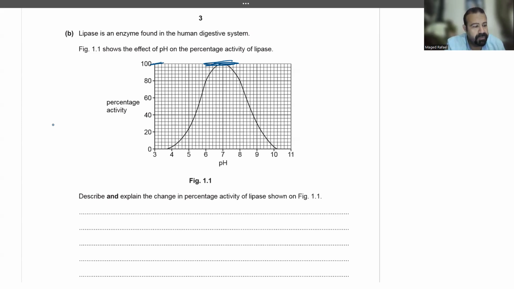However, she can talk about activity being 0 or low at extremely low and extremely high pH. She could have said that at almost 4 or before, maybe we can say 3.8. And here we can say, and I already covered the point.